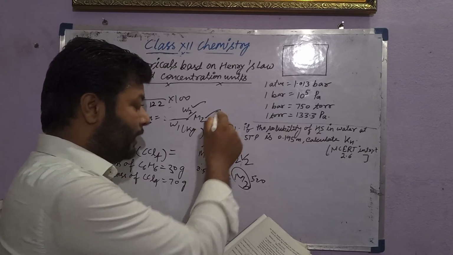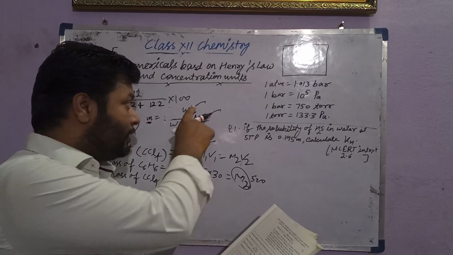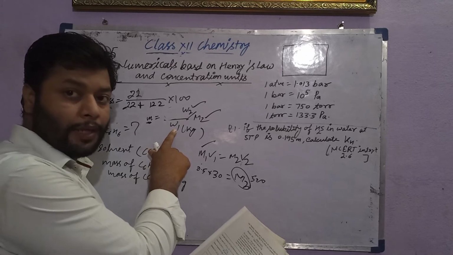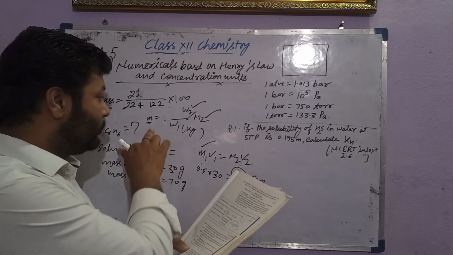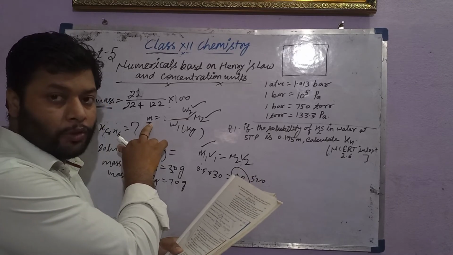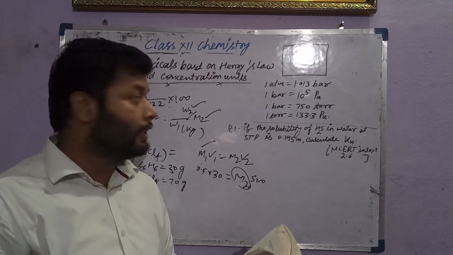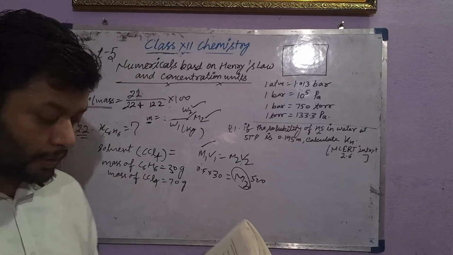So M2 is given. With the help of the formula you can calculate the given mass. W1, the mass of solvent, is given 2.5 kg, and the molality is also given 0.25. With the help of all these given things, you can easily calculate the value of the given mass W2.